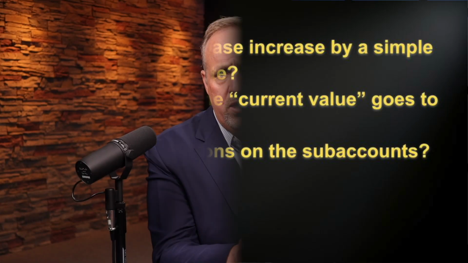But the simple truth is, the wider the difference between your current value and your income base, the harder it is for you to leave. I've seen the difference between those two values in the hundreds of thousands of dollars. And obviously, if you leave, then you're leaving a lot of income potential on the table. So it makes it very difficult to take that current value, go somewhere else, and generate about the same level of income.